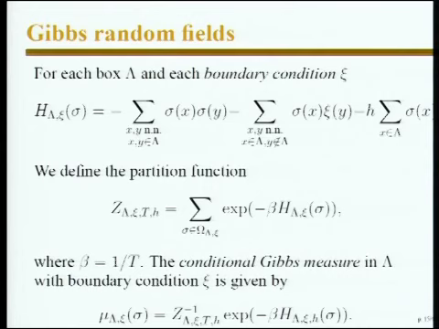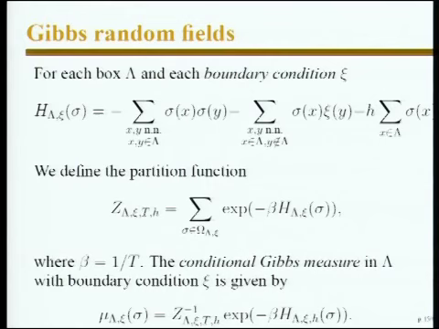And then again, we write down now not a formal energy, but just the energy. This is a finite sum now. So this is the energy of a configuration in the box lambda, given the boundary condition psi outside that box. And then we write down the partition function, which is just the sum of the exponents of this energy.